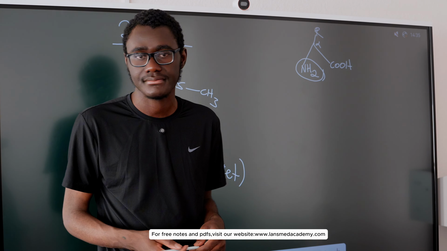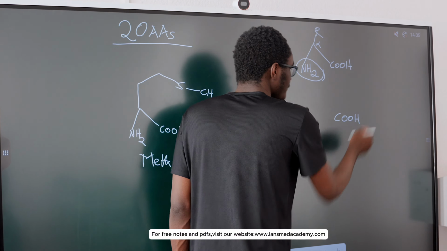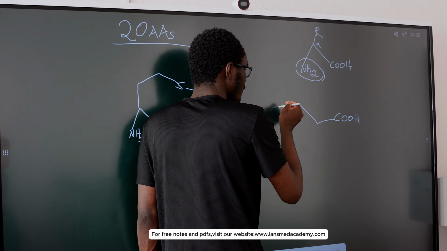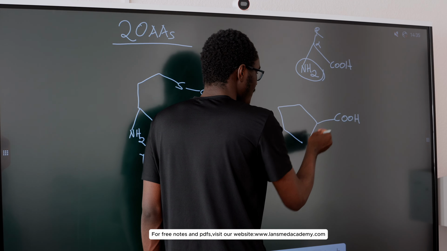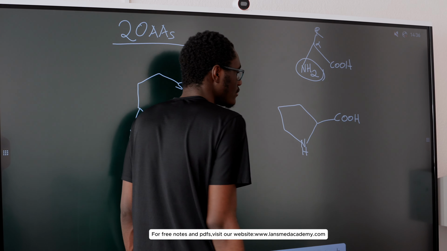It is cyclic. So, we are going to have a carboxylic acid group attached to a pentagon. 1, 2, 3, 4, 5. So, you're going to have NH group here.